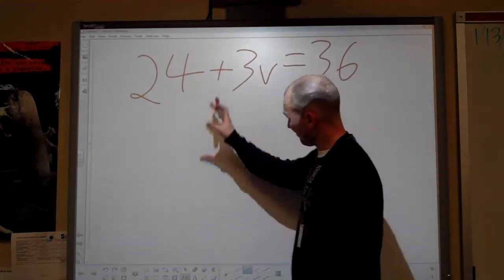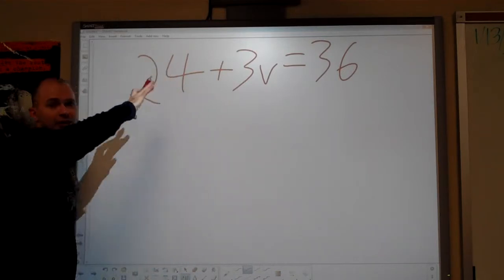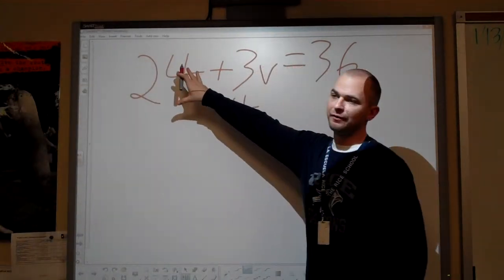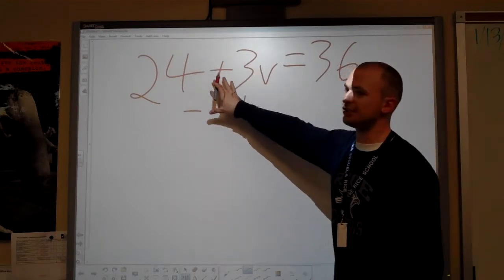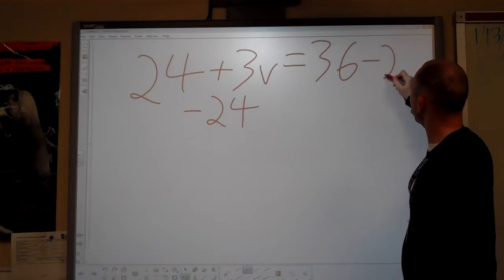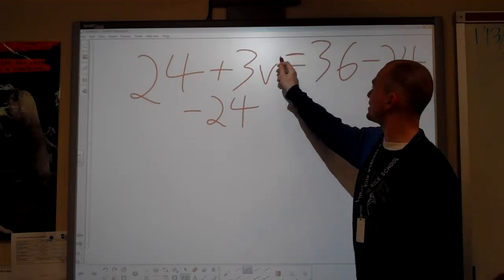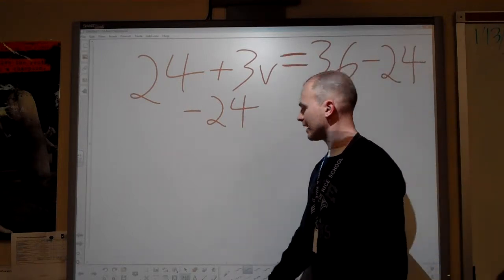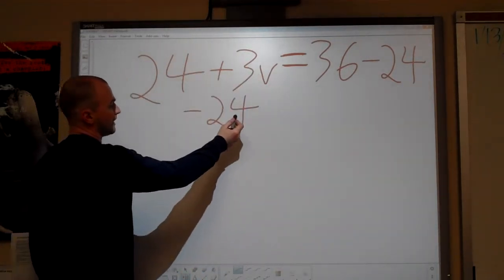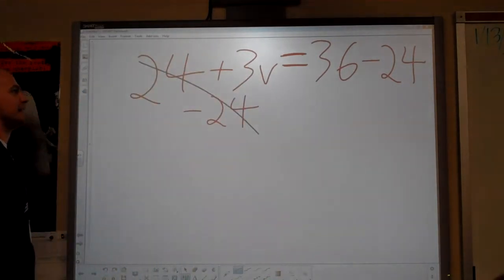Alright, in order to get rid of this plus 24, I've got to subtract 24. If I subtract 24 from this side of the equation, I've also got to subtract 24 from this side of the equation to keep this thing equal. Okay, so 3V plus 24 minus 24, they cancel out.